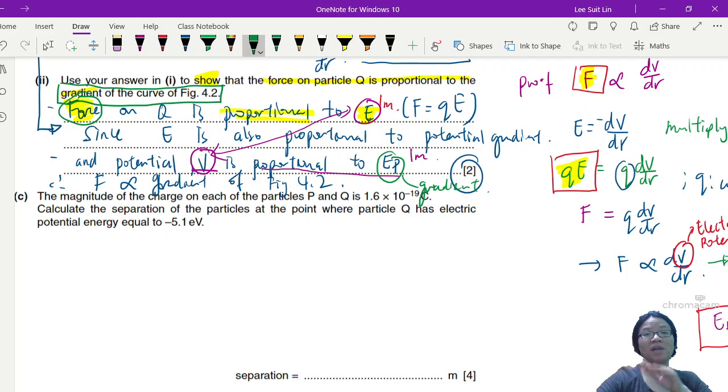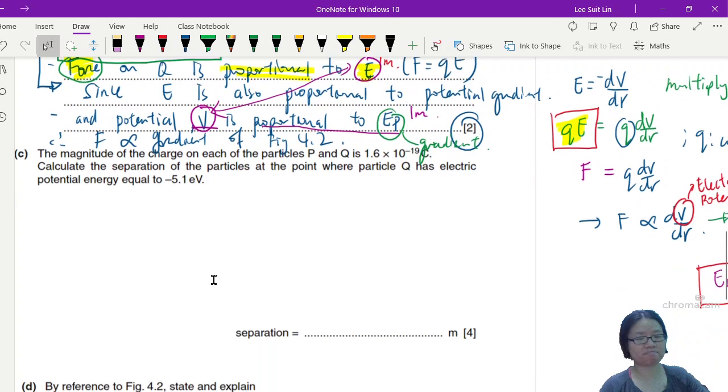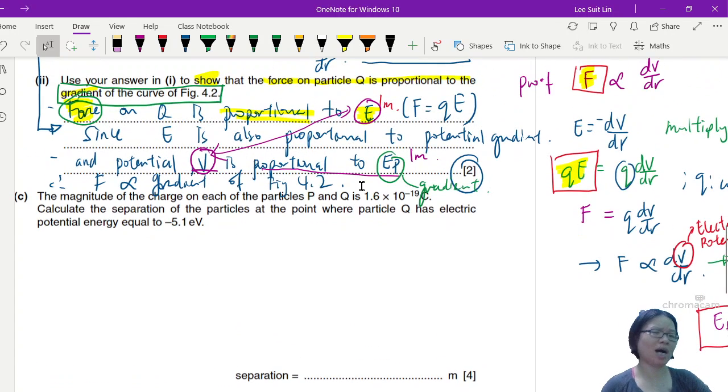Okay, so you need to outline the 4 degrees of separation. First degree of separation, force is proportional to E. Second degree of separation, E is the gradient of V. Since V is also proportional to EP, so force will be equal to the gradient of EP. Alright, so that's 4 degrees of separation. So this kind of question can be quite hard if you've never encountered them before. So we're gonna move on.